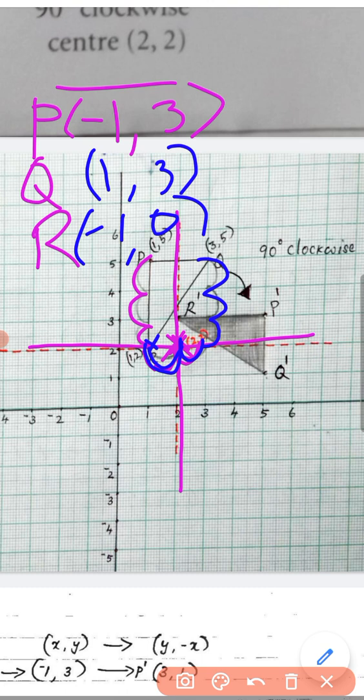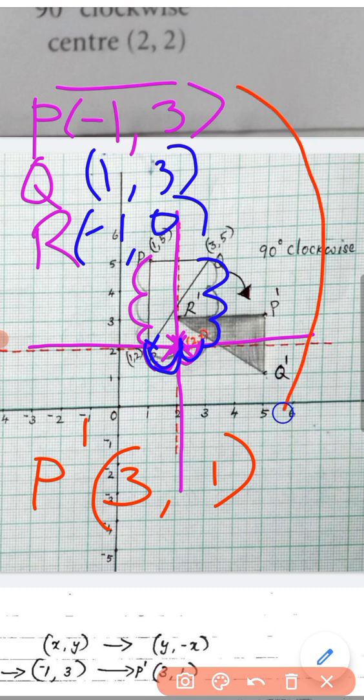Now, we have to apply the rule. The rule is (x, y) becomes (y, -x). So, children, P dash becomes 3, 1. P is -1, 3. So, P dash becomes 3 and the opposite of x, that is 1.